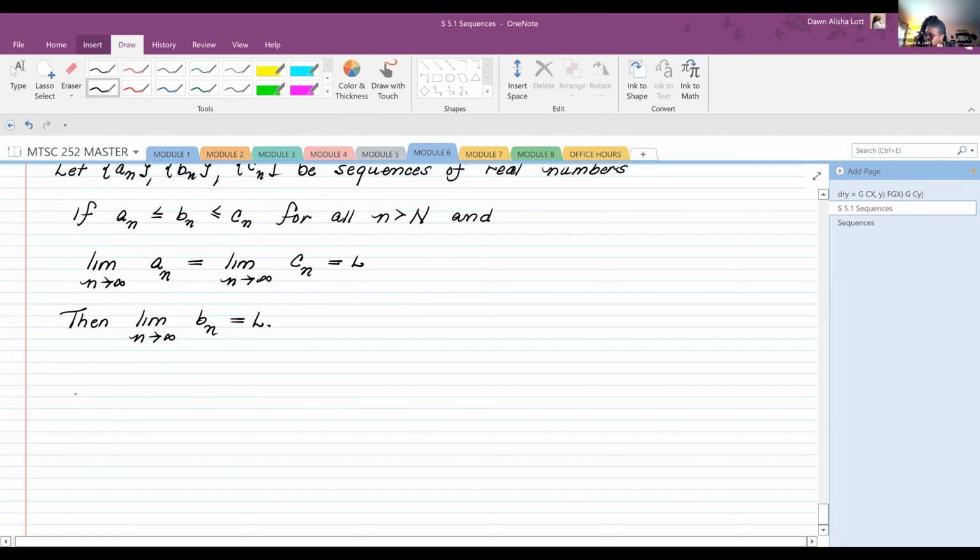Here's an example. Determine if the sequence a_n equal to the cosine of n over n converges or diverges.